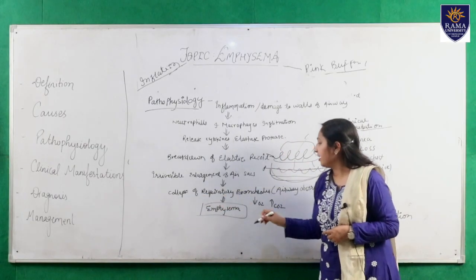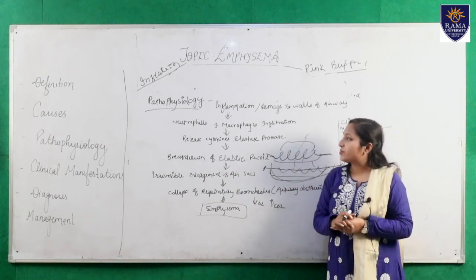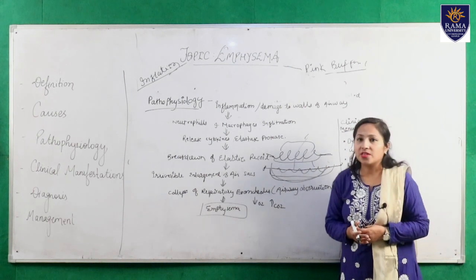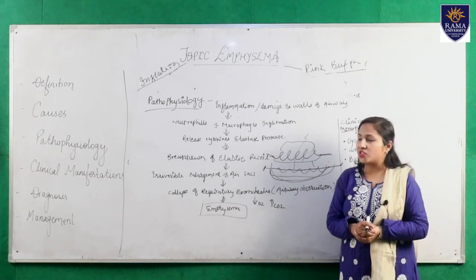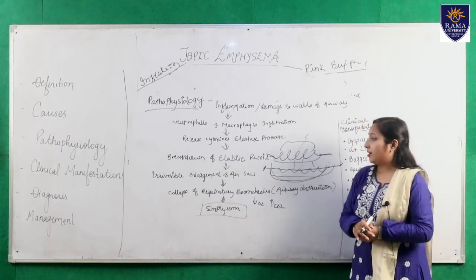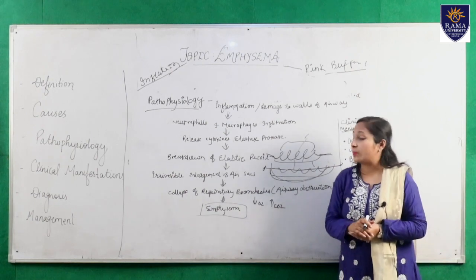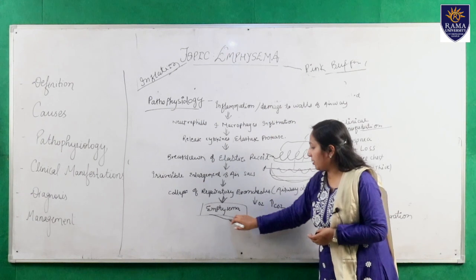Collapse of respiratory bronchioles or airway obstruction. Our airway gets obstructed due to the release of mucus, which gets lodged in the respiratory bronchioles, the branches of the respiratory tract, and disturbs our breathing process. So this is the development of the progressive disease, emphysema.